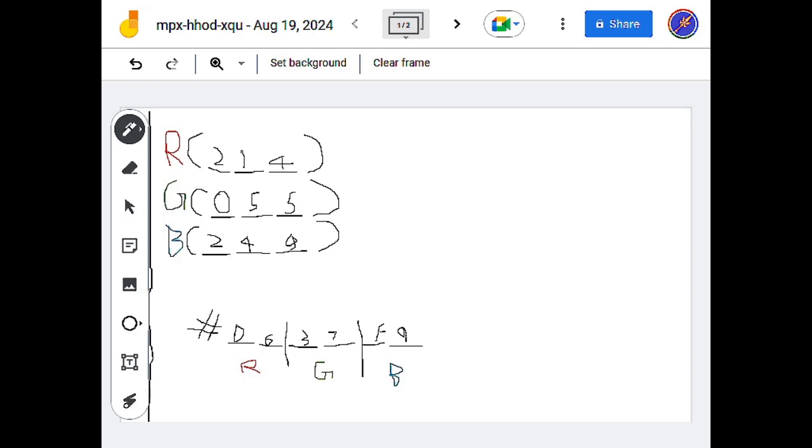Now let me just Windows Shift S there. Then head back here. Control V. Add image.